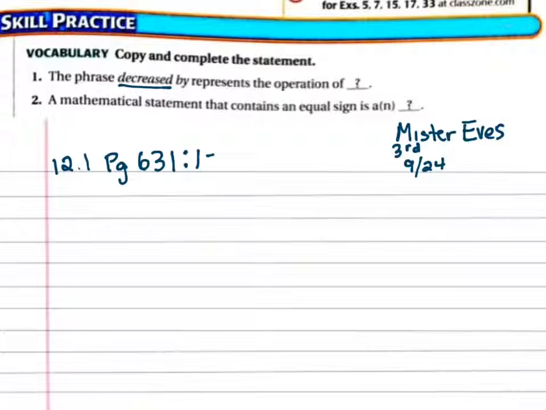Thank you. The word decreased is dealing with an operation. Now, when we think of the word operation, sometimes we think of surgery. You go in for an operation, like a heart operation or a kidney transplant.